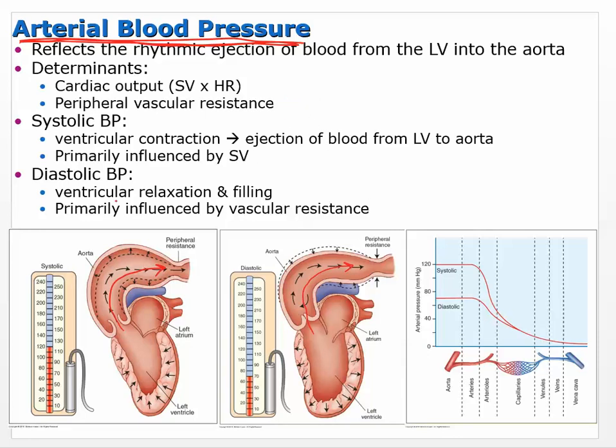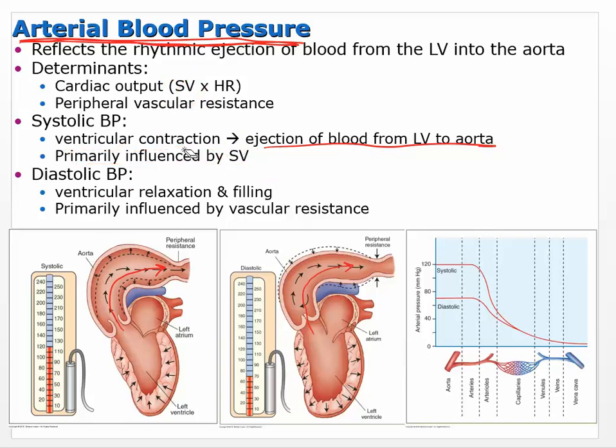So systolic blood pressure, ventricular contraction. Okay. Specifically, when we're talking about measuring blood pressure, we're talking about left ventricle. So left ventricle contraction, so ejection of blood from the left ventricle to the aorta, and this is going to be primarily influenced by stroke volume. Okay. So stroke volume is how much blood is pushed out.